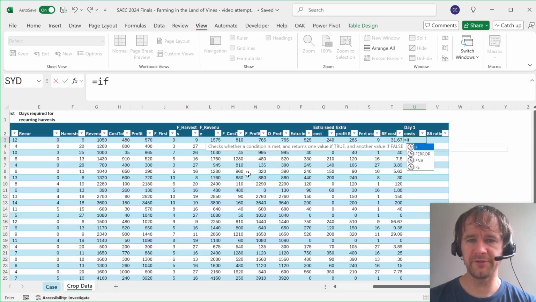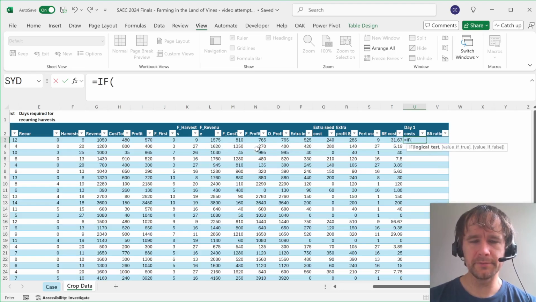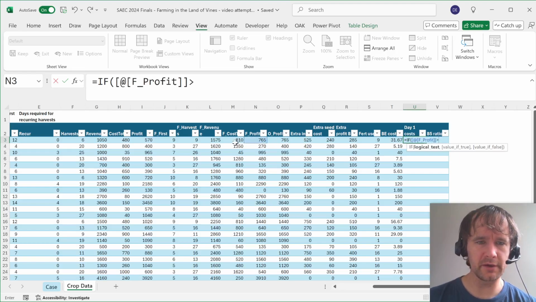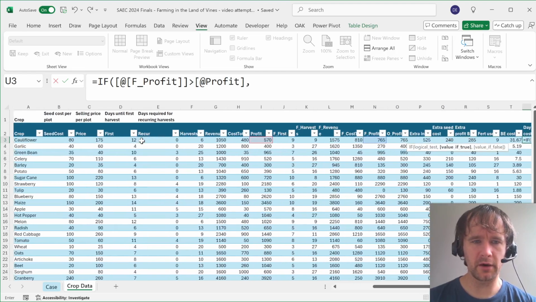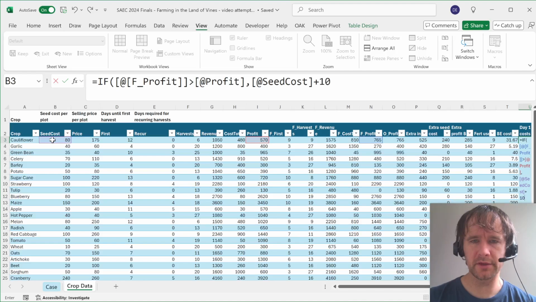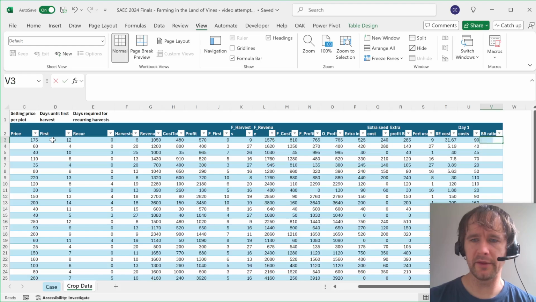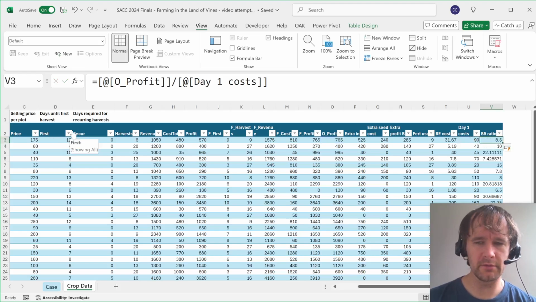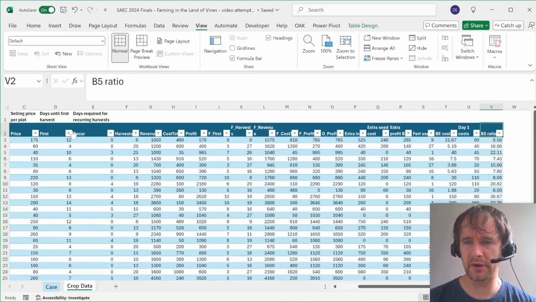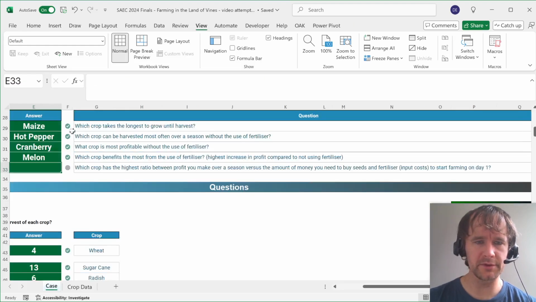So first we're going to say if fertilizer profit is greater than the regular profit, then your day one costs are seed costs plus 10. Otherwise, it's seed costs. And then your profit over the season is your optimized profit divided by that. And then, well, I was going to say round, but actually we can round for display purposes, but we don't need to round. We just need to know the highest ratio.